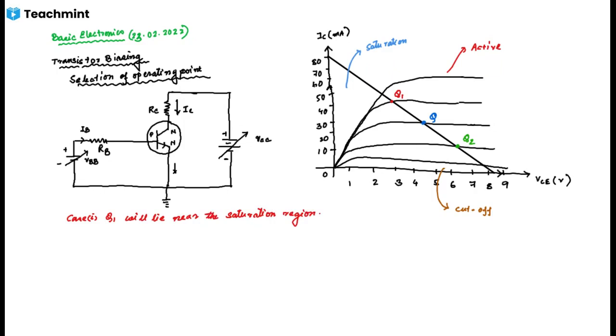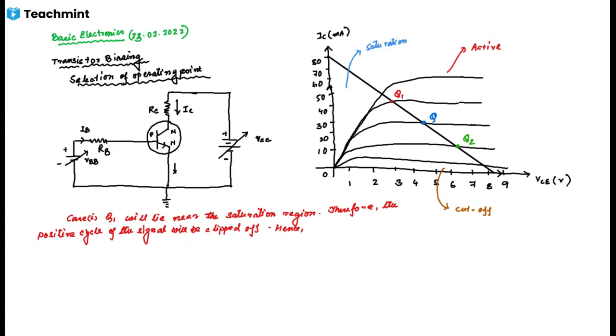So what will happen? Therefore, the positive cycle of the signal will be clipped off.